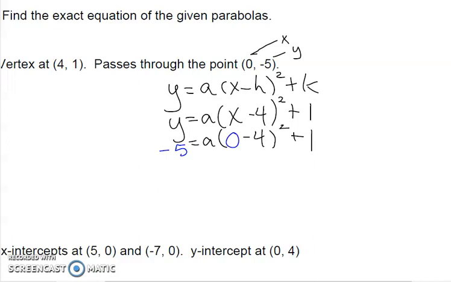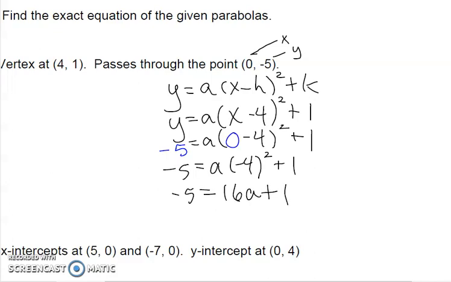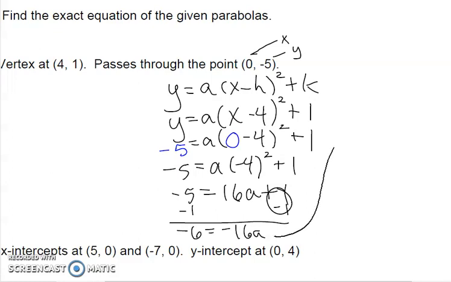for a. So it'll be -5 is equal to a times -4 squared plus 1. So -5 is equal to 16a plus 1, since -4 squared is 16. Subtract 1 from both sides. So -6 equals 16a.